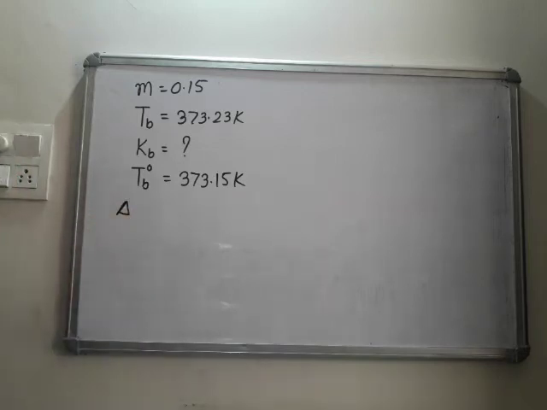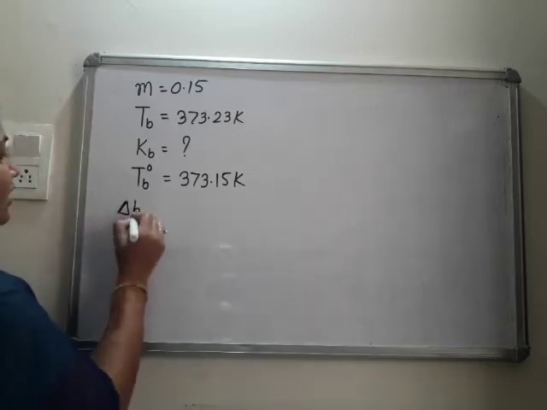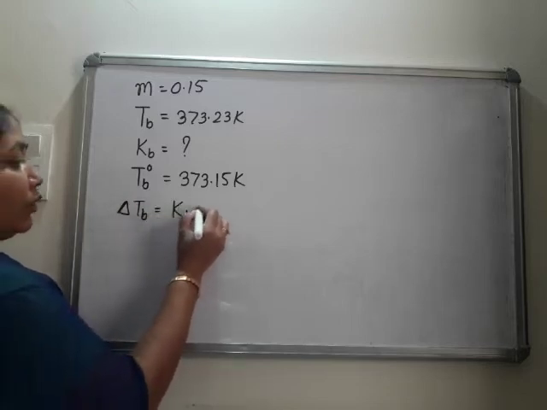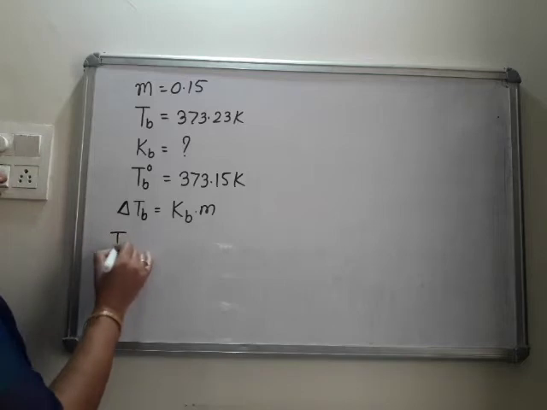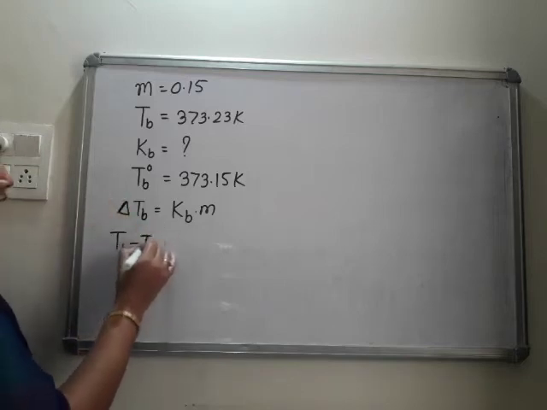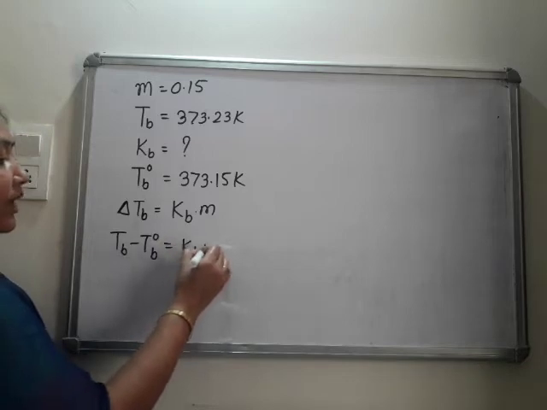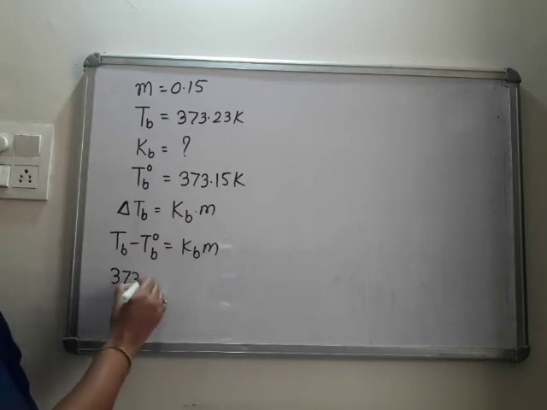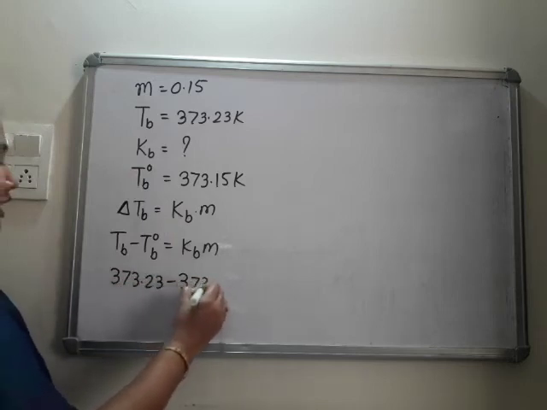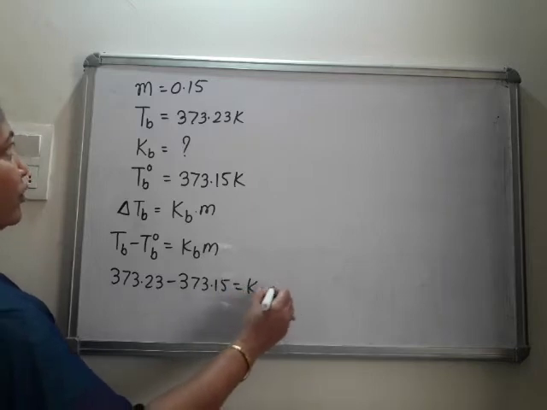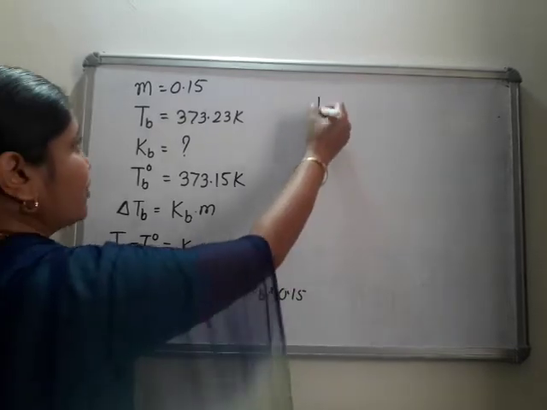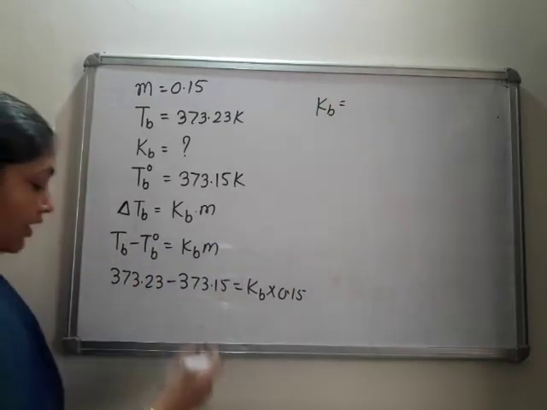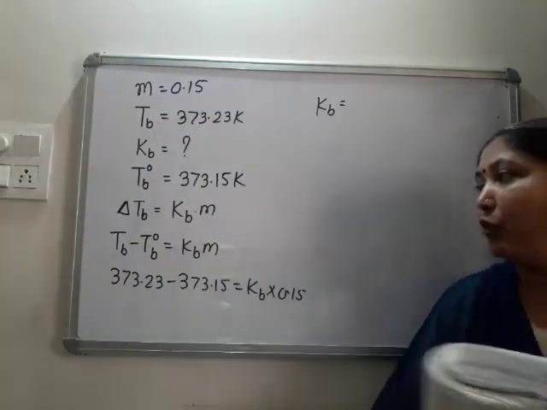Okay, now what is the formula? Delta TB is equal to Kb into m. But what is delta TB? Write the formula properly. TB minus T0B is equal to Kb into m. Now put the values. TB is 373.23 minus 373.15. Kb we have to find into 0.15. So Kb is equal to, shift it here. What is the difference? 0.23 minus 0.15.